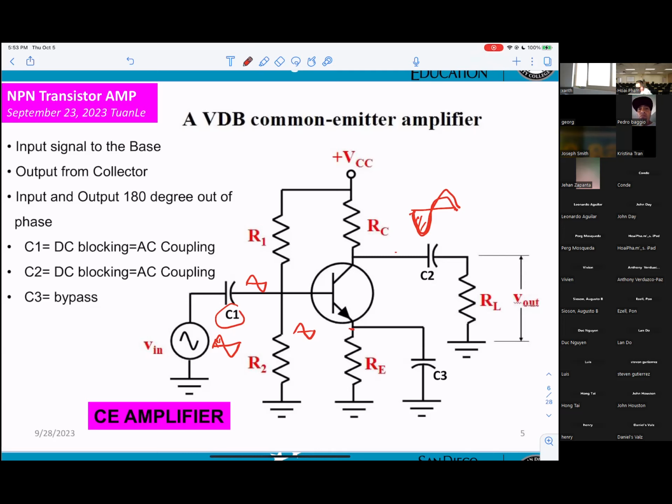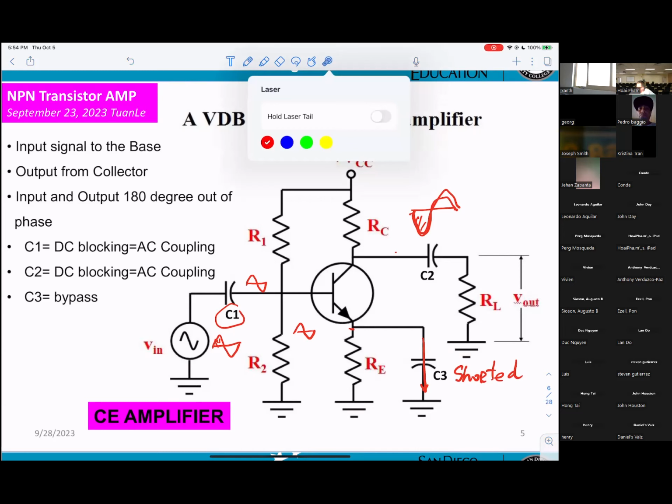So now for AC, the capacitor will be shorted, just like a wire. So that's why when you get an AC here, AC does not go to RE, AC will be shorted to the ground. That's what they call a bypass. Bypass what? Bypass RE.